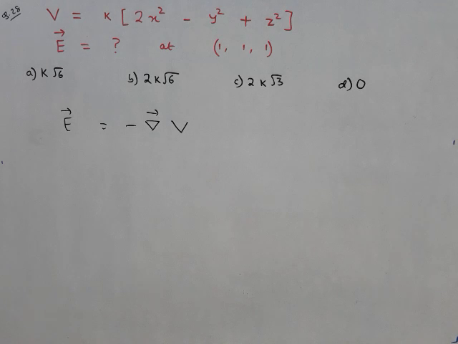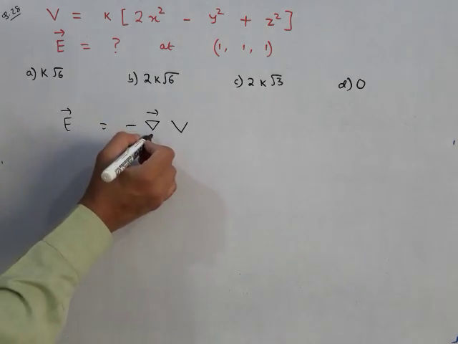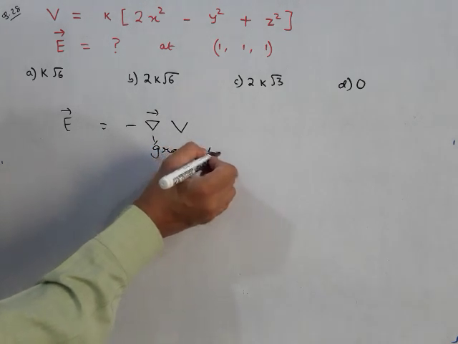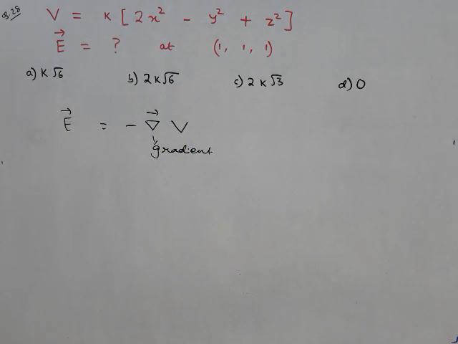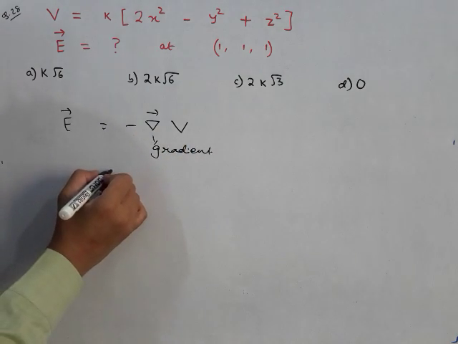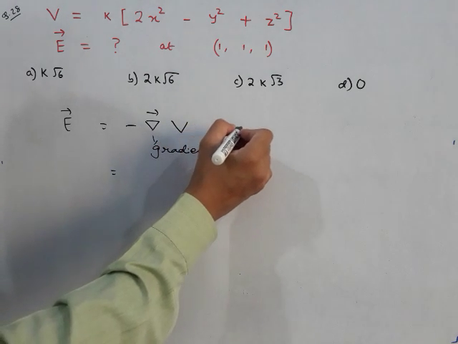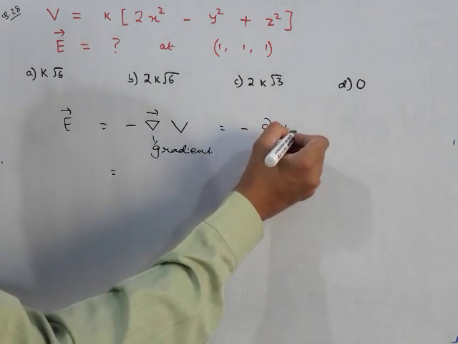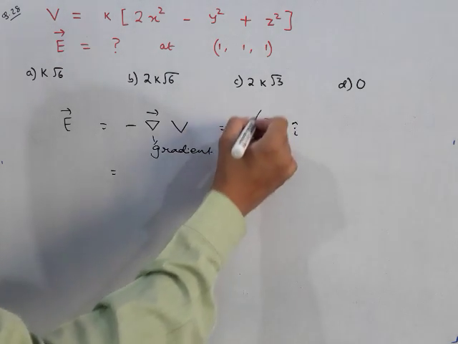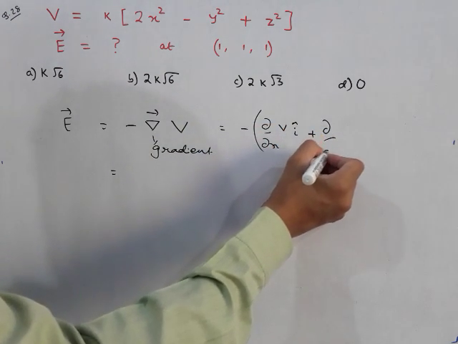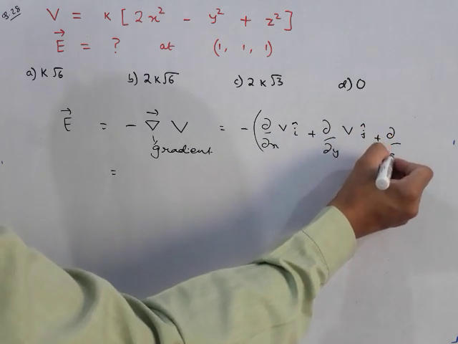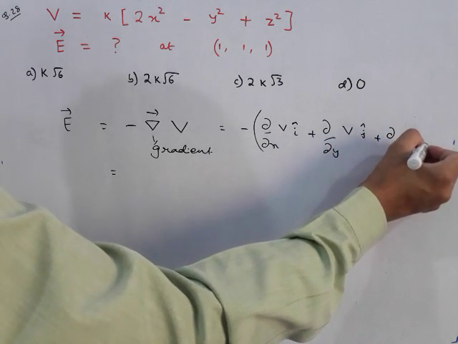This symbol may not be known to you. This is called as gradient. Let me put it in some general form for you. So this is given as minus del by del x of V i cap plus del by del y of V j cap plus del by del z of V k cap.